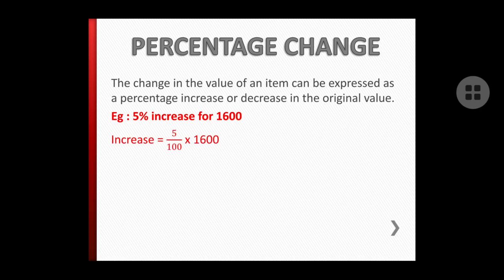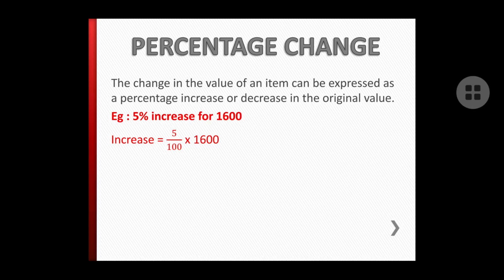First, what is the increase? You are comparing that 5% with 1600. So the increase will be 5% of 1600, because you are expressing it in terms of the original value. See the definition: the increase or decrease is in the original value. The original value here is 1600.